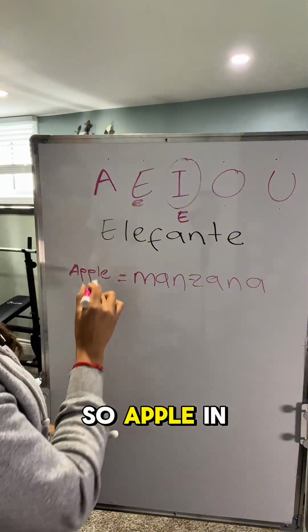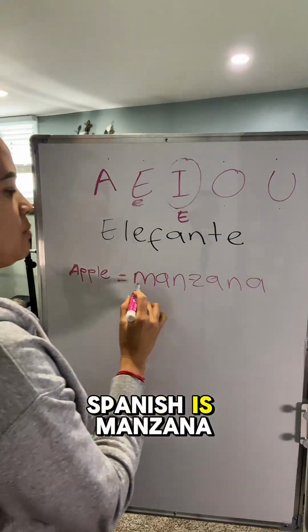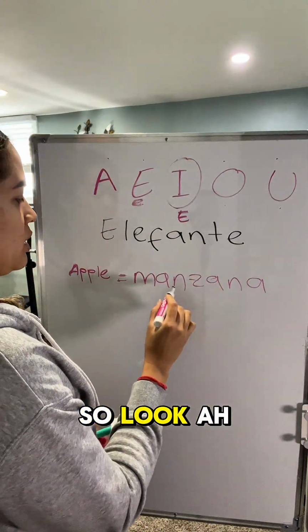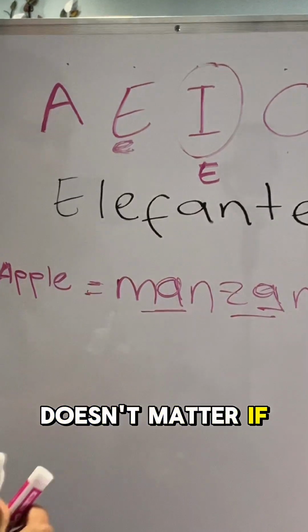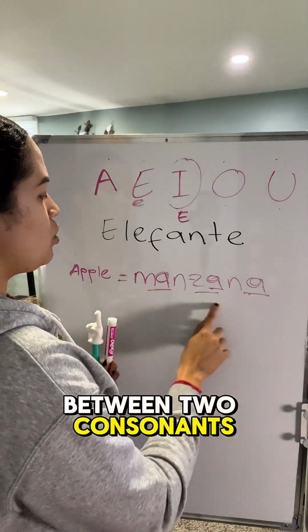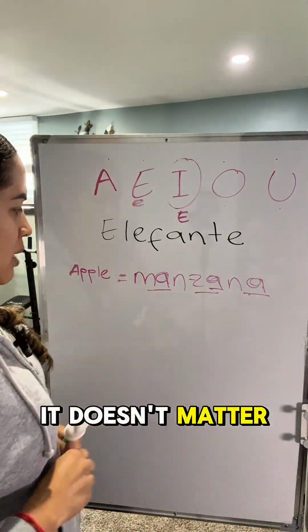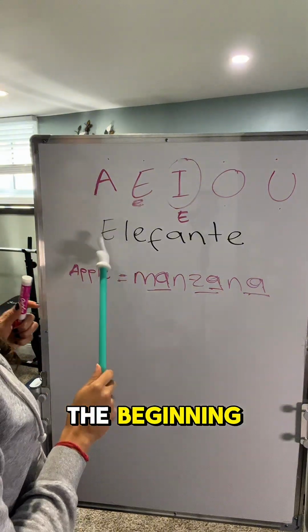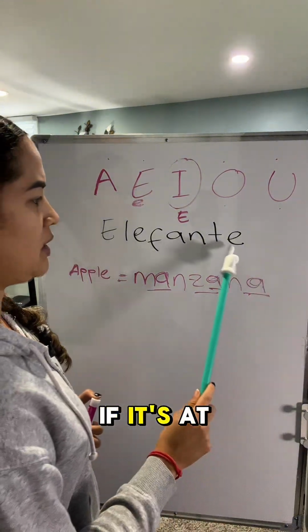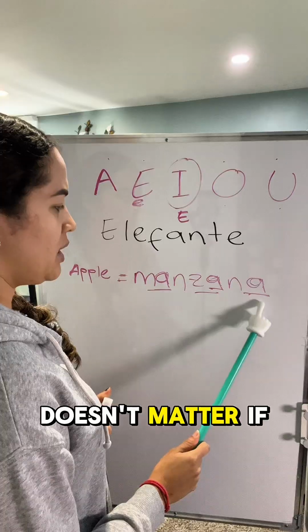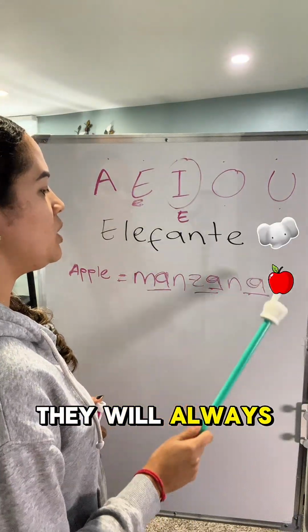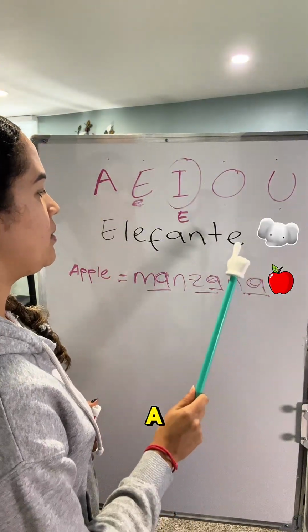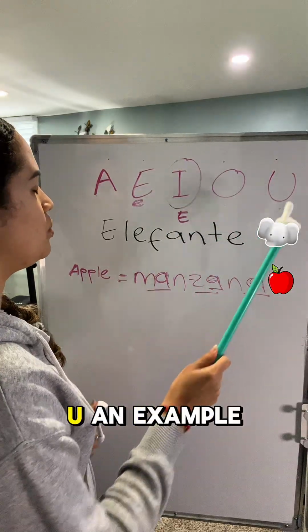So apple in Spanish is manzana. So look, it doesn't matter where they are. Doesn't matter if they are between two consonants. It doesn't matter if it's at the beginning. It doesn't matter if it's at the end. They will always sound the same. A, E, I, O, U.